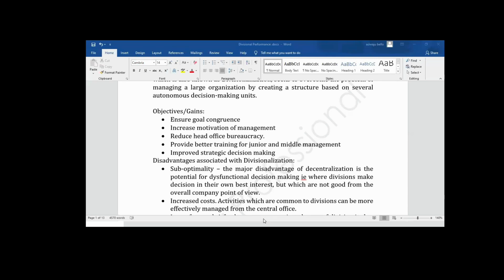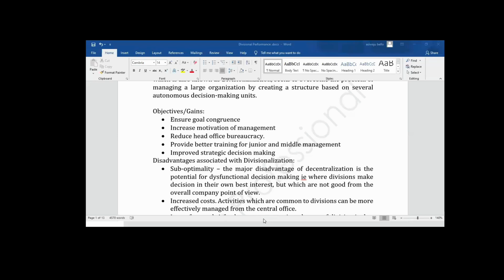Now we are explaining the objectives of divisional structure. Why do companies operate along divisional structure? Or what are the benefits of operating your company along divisional structure? One of the objectives is to enhance goal congruence. Number two, to increase motivation of management. Number three, to reduce head office bureaucracy.